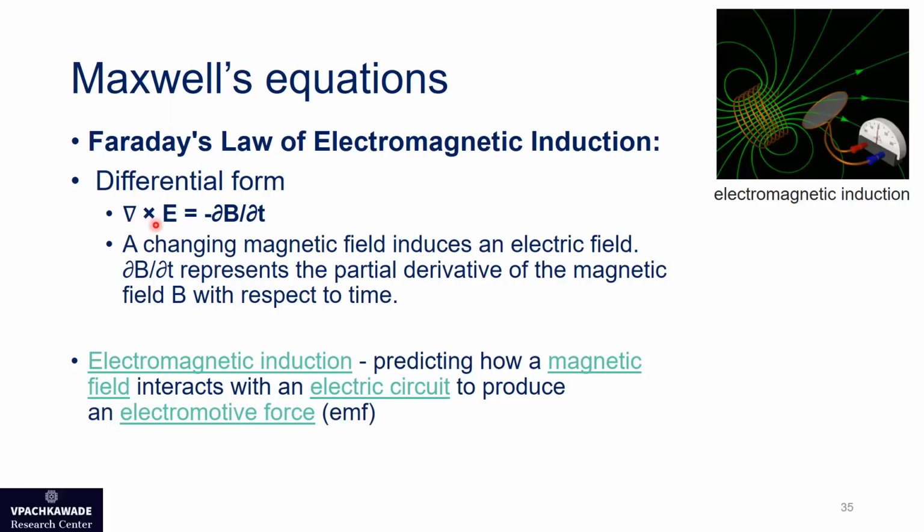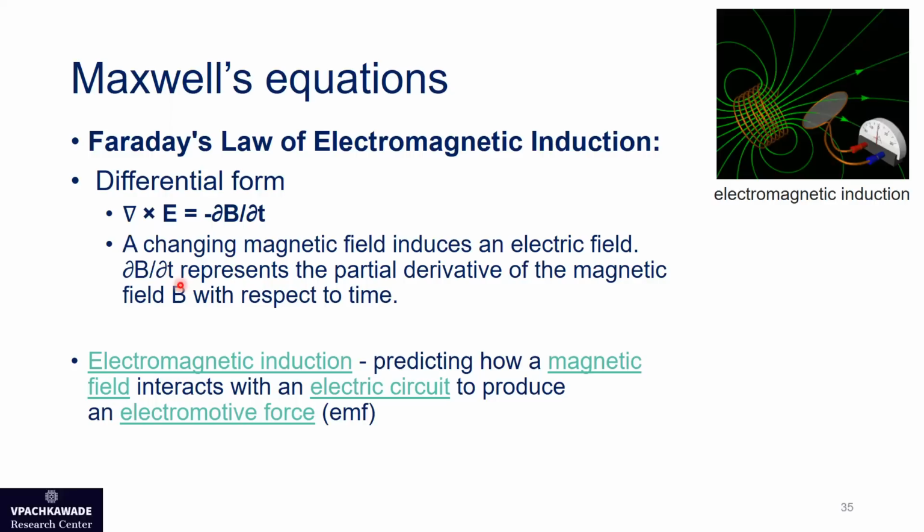So del cross E is the electric field that will be produced when there is a change in the magnetic field, that is del B over del t, and it will have the negative sign. So it will be the negative of the rate of change of magnetic field. So how to read this? A changing magnetic field induces an electric field. Just in one sentence, you can define this law.